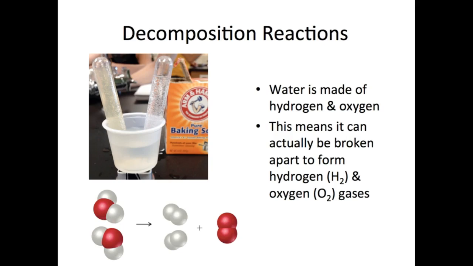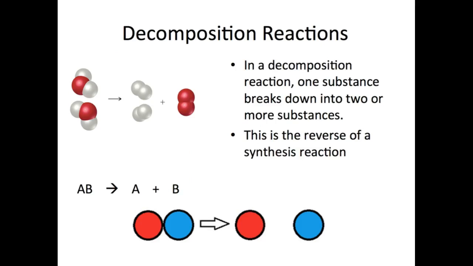Decomposition reactions are literally the opposite, decomposing. We're breaking something down. So, for example, water is formed from hydrogen and oxygen, so I can actually decompose water to produce those gases. Decomposition always has a single reactant, and I'm getting multiple products.